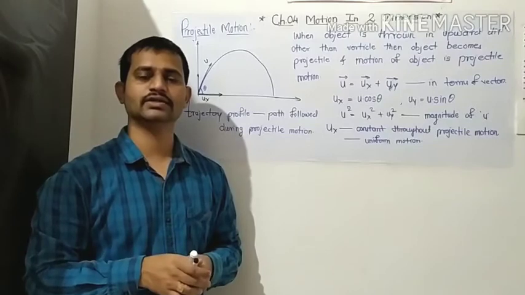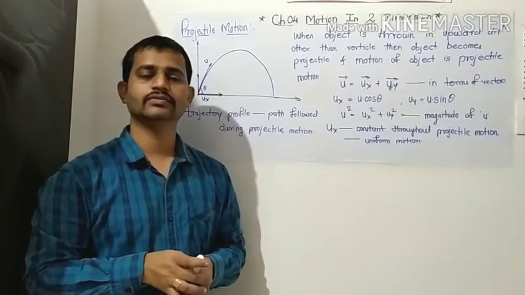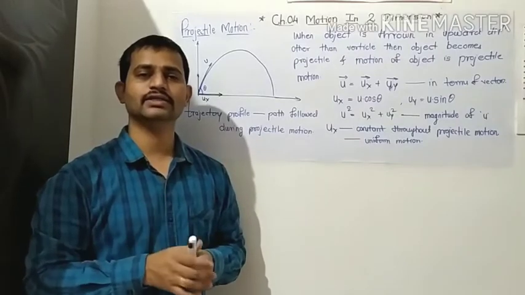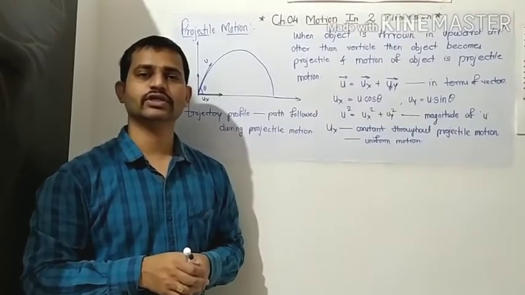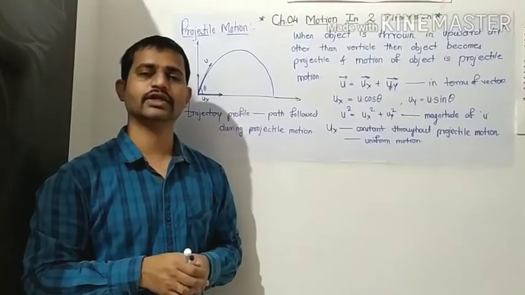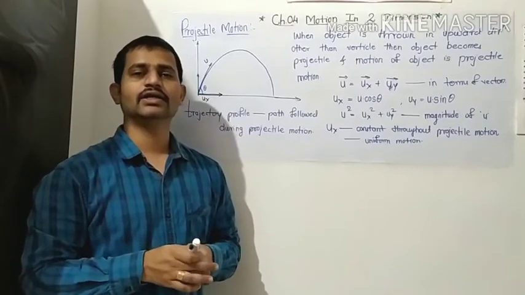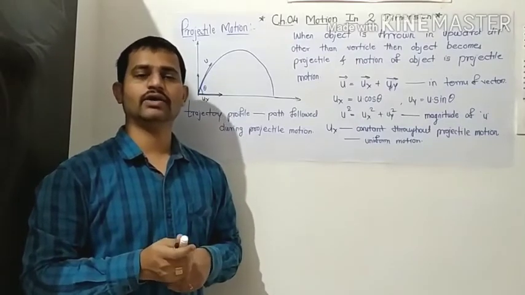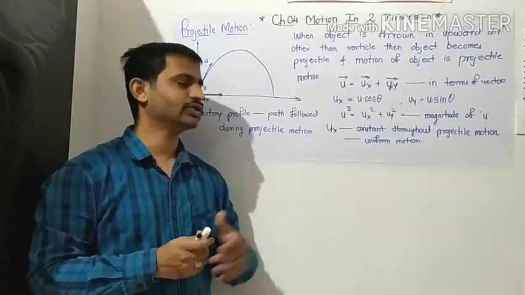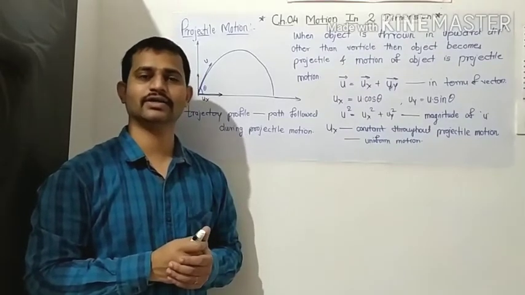So as there is a force on the velocity component, there is accelerated motion in the vertical direction. That's why we can say that the component in the horizontal direction has uniform motion, and the component in the vertical direction is in accelerated motion.